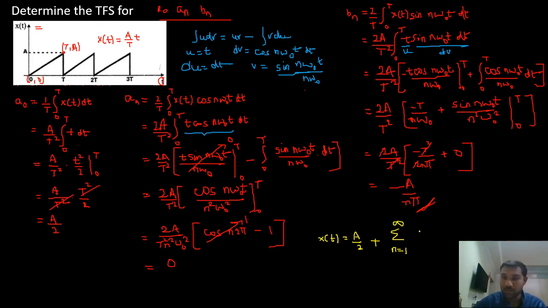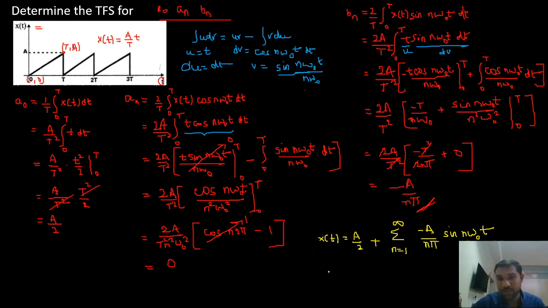An is 0, so I don't have to worry about an. Bn is minus A by n pi. What is my multiplicative factor here? Sine n omega naught t.